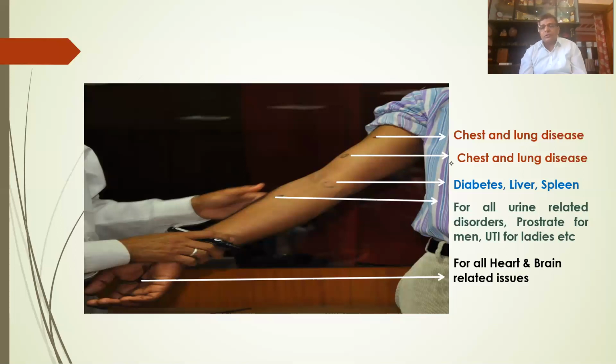It is also connected with the erythropoietin situated in the kidney, which is responsible for blood formation. So proper stimulation leads to proper blood formation, while injury to this Marma point leads to blood loss. This is a very important aspect.